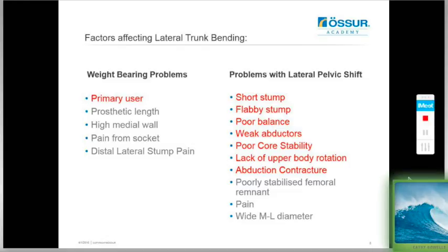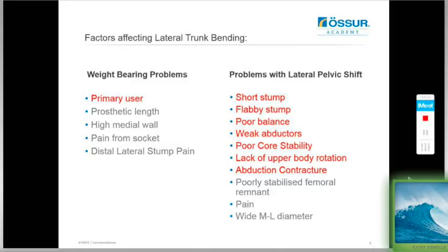If we look at problems with lateral pelvic shift, these can be related to, in the amputee and their anatomy, a short stump, a flabby stump, with lots of residual tissue, so that the femoral remnant is sort of wobbling around in there like a spoon in pudding. They might have poor balance, weak abductors, in conjunction with poor core stability.